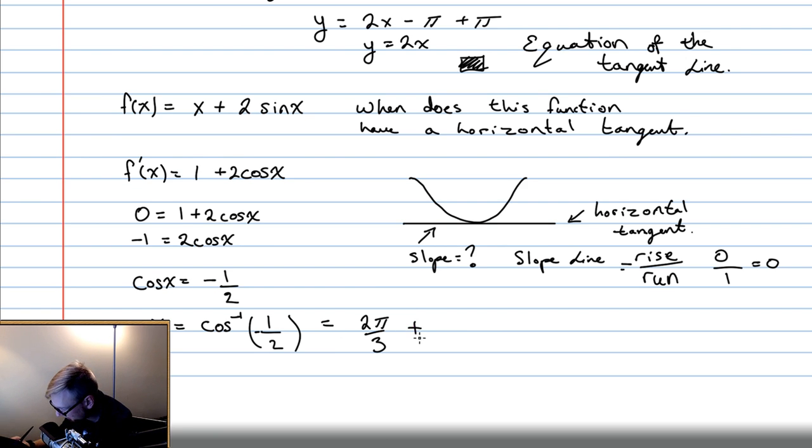Now, if we add 2 pi times some number n, where n is in the integers, 1, 2, 3, and so on, well, we'll have 0 as well. Then this will work for all of it. And of course, you could go plus or minus, because if it goes down, then it'll also give you the same answer.